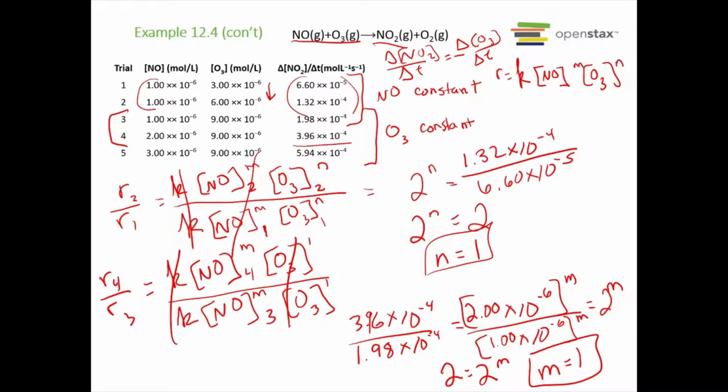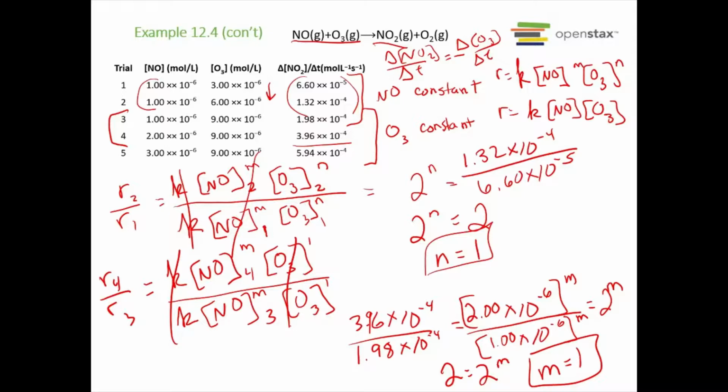And the last step is to figure out K, because we have experimental data and now we know our rate law exponents. So now our rate law is equal to K times NO to the first times O3 to the first. We don't need to write in those ones. You can just leave it like that.